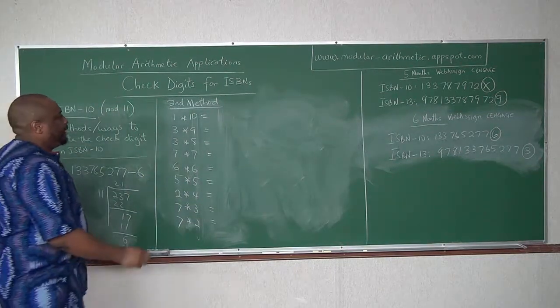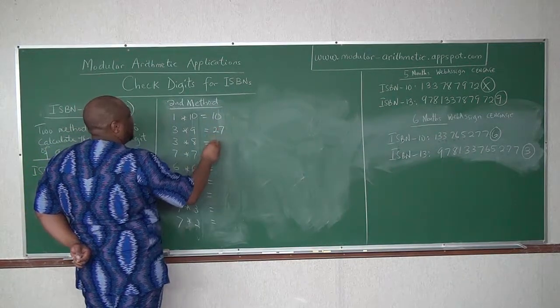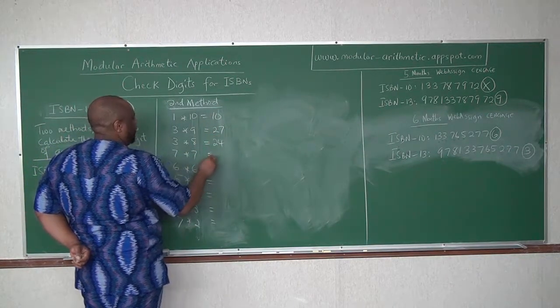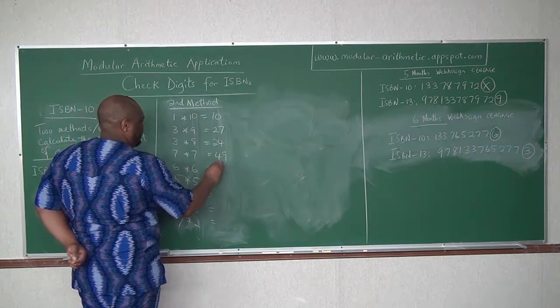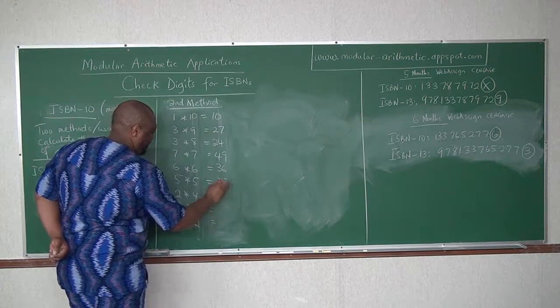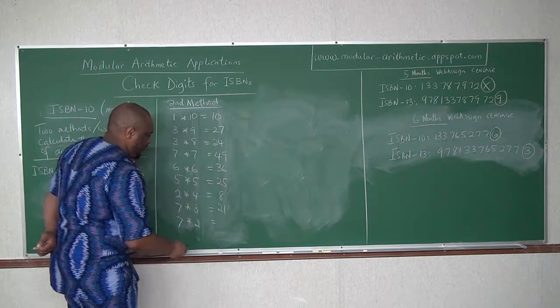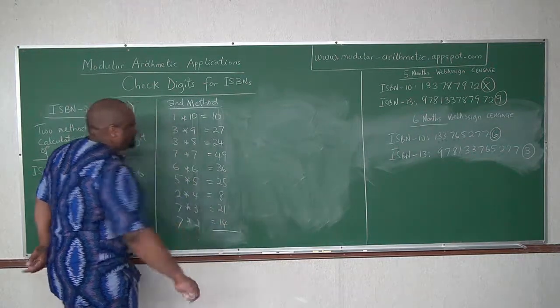Okay? This will be 1 times 10 is 10, 3 times 9 is 27, 3 times 8 is 24, 49, 36, 25, 8, 21, 14. So let's add it.